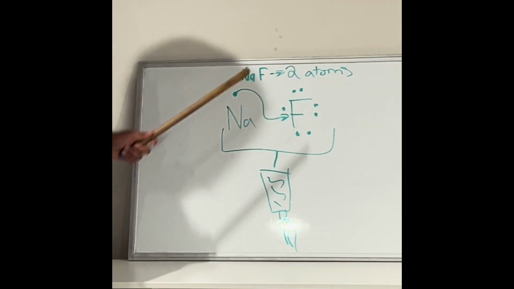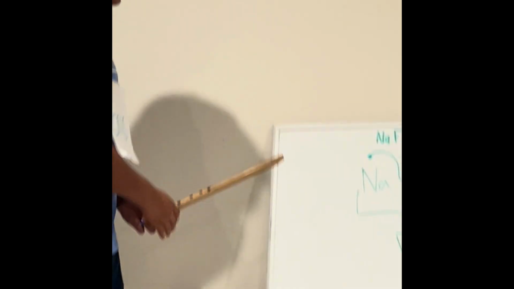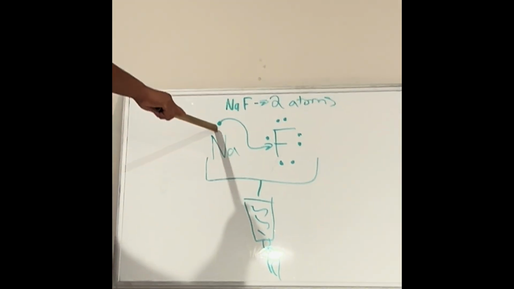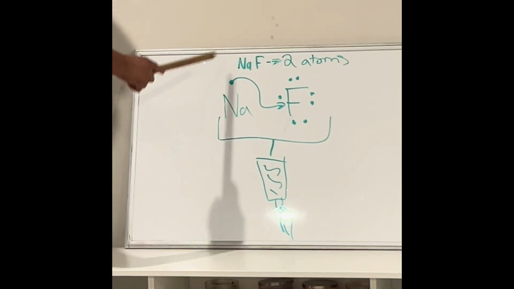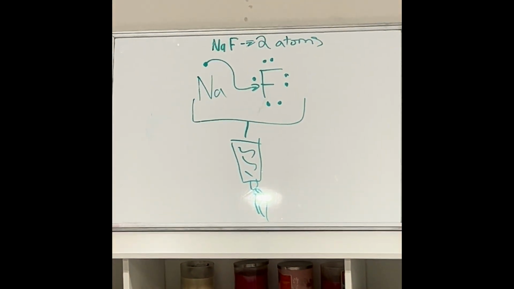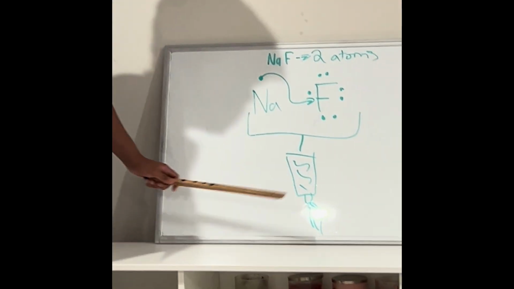Fluorine contains 7 valence electrons, so you have 7 dots. And then to make it a happy bond, you transfer the valence electron from the sodium to the fluorine. Now, sodium fluoride is a real world example, and that is toothpaste.